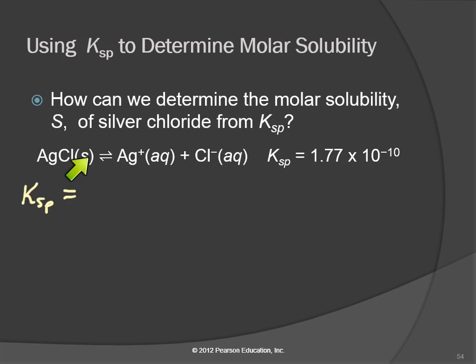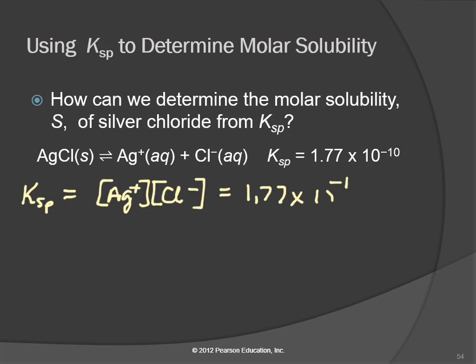Well, the reactant's a solid, right? So that doesn't come into the equation. And so KSP equals the silver ion concentration times the chloride ion concentration. And we know what it is because it was given to us in the problem, 1.77 times 10 to the minus 10.